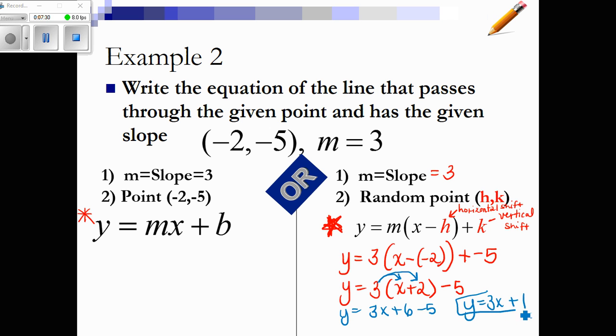So this would be slope-intercept form, and this would be translated form. Now, I don't need you to multiply it out and get into y equals mx plus b form unless I ask for that in the directions. So you're just going to have to read your directions and make sure that if I say give me the answer in y equals mx plus b, you can do that.